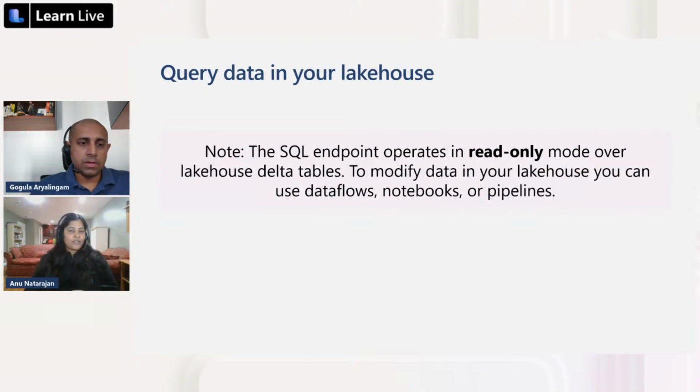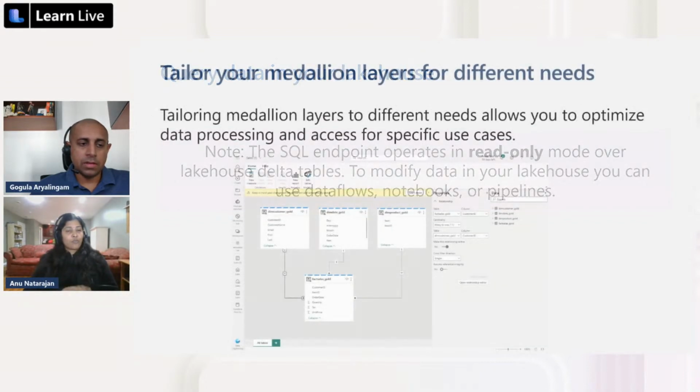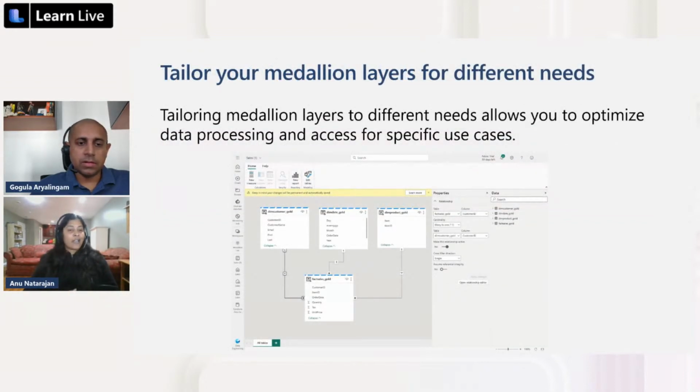The only point here is that the SQL endpoint mainly works in read-only mode, because it's mainly available to users to query the data and look at the data that's available in there. If they want to do any transformations or modify the data in the lakehouse, they have to go back into those tools which Gokula was highlighting, like the pipelines, the data flows or the notebooks.